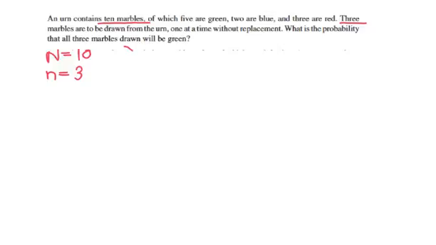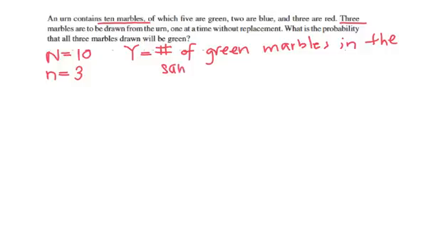Now let's define y. We want the probability that all 3 marbles will be green. So y should be the number of green marbles in the sample. If you want y to be green marbles, then r should be the total number of green marbles in the urn, and those are 5.